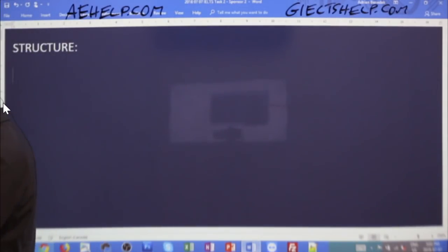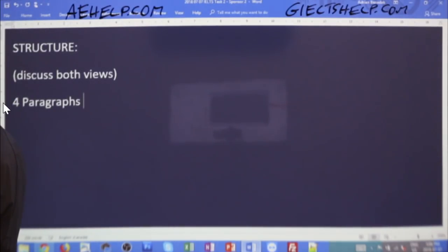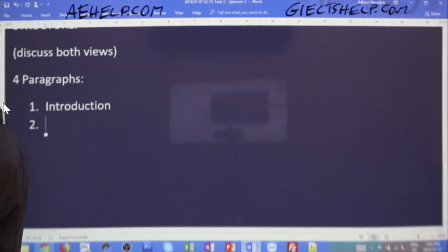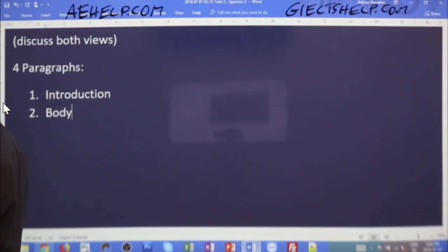Okay, so the structure of discuss both views is introduction, so 4 paragraphs. You have first an introduction. Second, you have body paragraph 1.